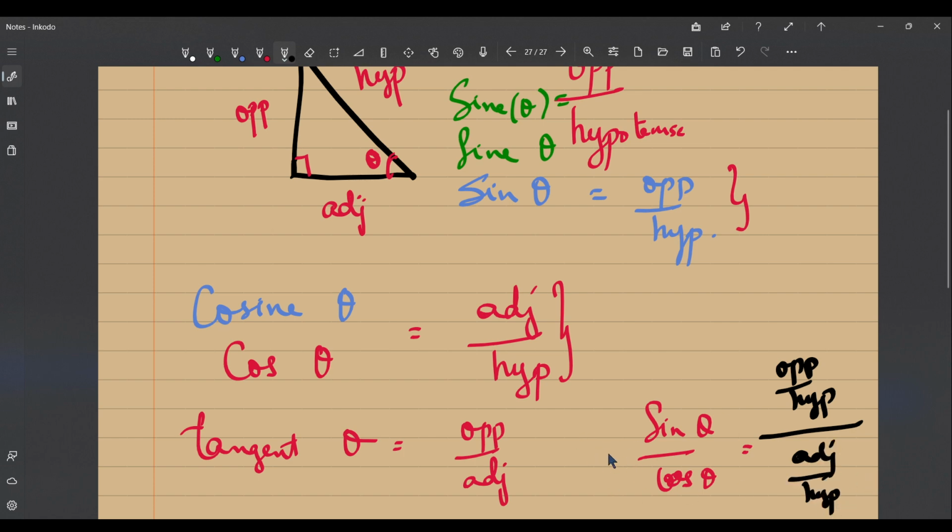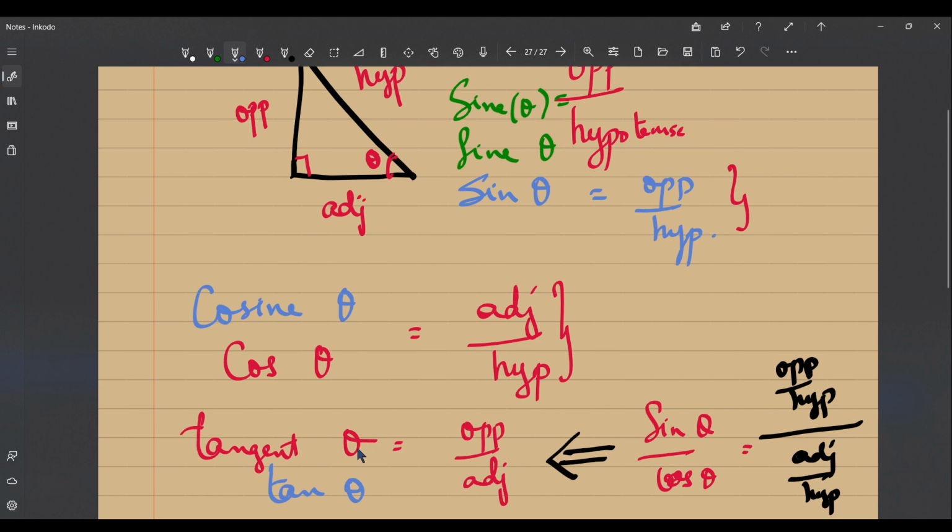Then we arrive at opposite by adjacent, which is tangent of theta. Tangent of theta is shortly called tan theta. So tan theta is nothing but sine theta by cos theta. It's opposite by adjacent. We'll just see these three ratios now in this video.